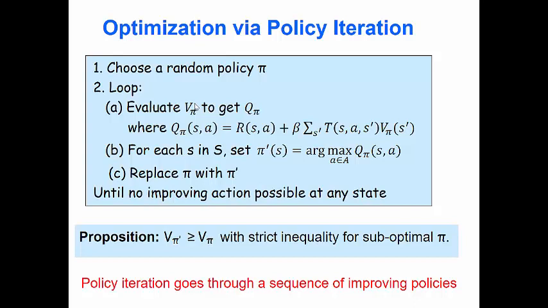Solving the equations. One way, and the way that's probably the easiest to think about here, is we can just do the matrix algebra and solve for the value function. And what was the biggest operation in that process of solving the equations? It's going to be a matrix inverse.